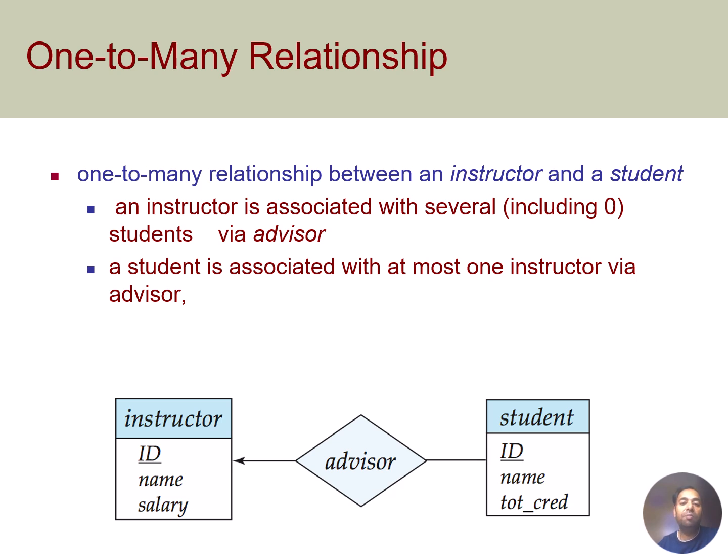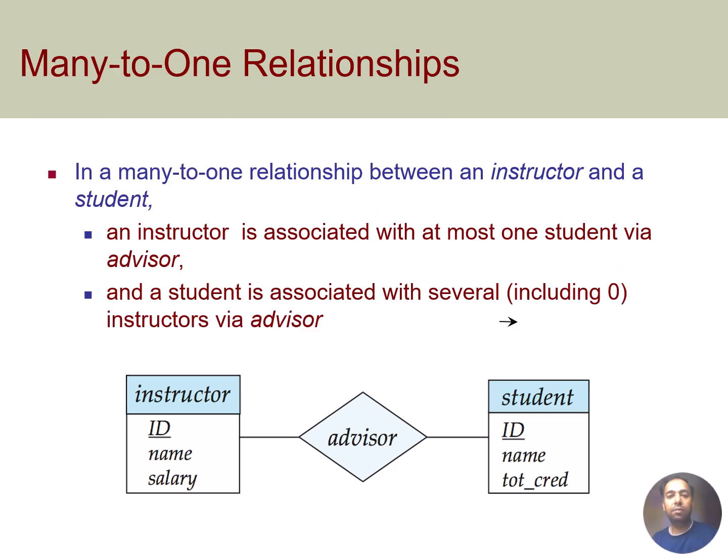Next, let's flip this and see what a many-to-one relationship looks like. In many-to-one relationships, many entities from set A relate to one entity in set B. Imagine many students sharing the same advisor. In this case, many students to one instructor.